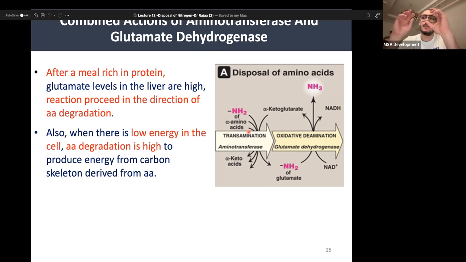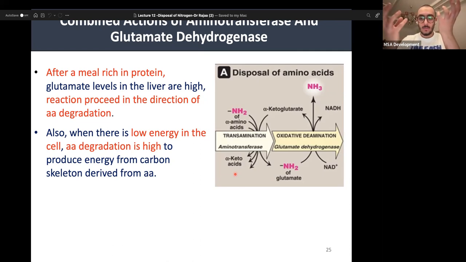That's basically everything about degrading an amino acid. And if you want to ask me, okay, we just got rid of the ammonium itself, where has the rest of the amino acid gone? The rest of the amino acid is the alpha keto acid, which is an intermediate your body can deal with for energy. So for the last time, the amino acid will be degraded into two parts, as I explained in the beginning: ammonium and an alpha keto acid.